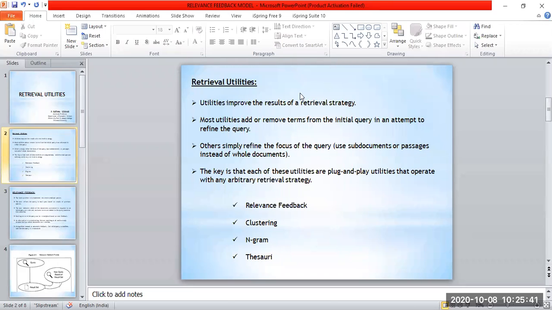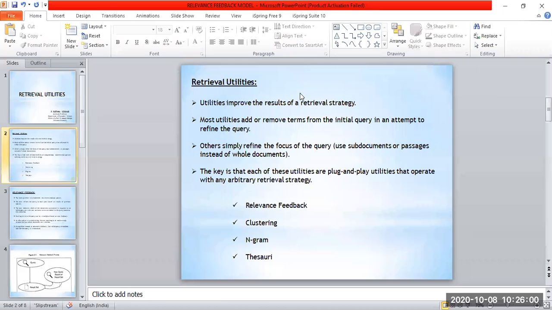Basically, this utility helps the major information retrieval models to improve their performance. We have seen that in the previous class, so I will not speak about this again.